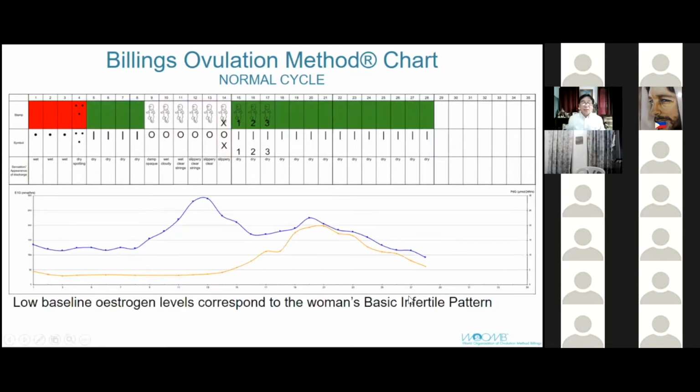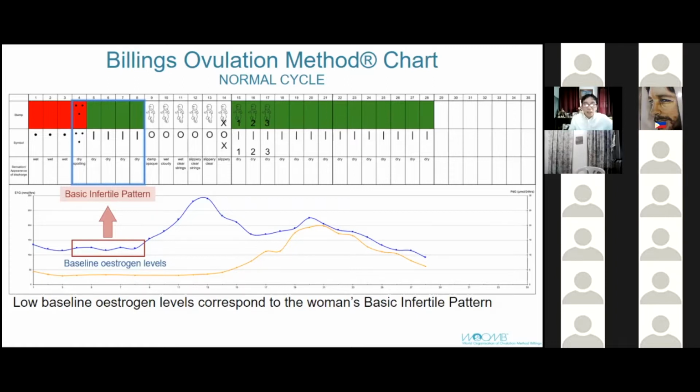Let's try to identify the hormones. During the days of menstruation and the BIP, estrogen is at the baseline. Look at the estrogen, the one in blue. Mababa in Filipino. So the urine test reveals that during the days of the BIP, the hormone estrogen is at the baseline. Sino nag-check ng urine? Si Professor James Brown.